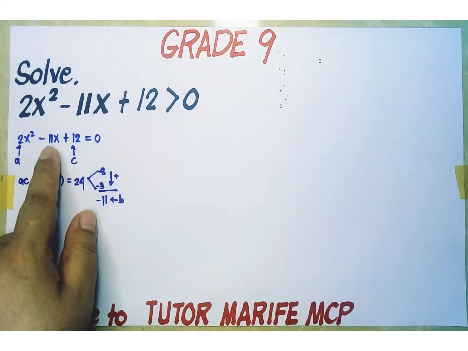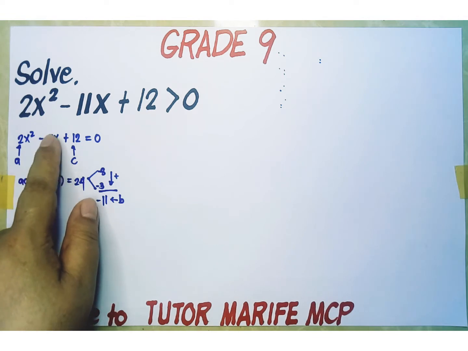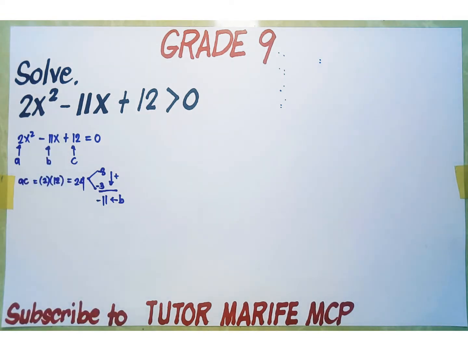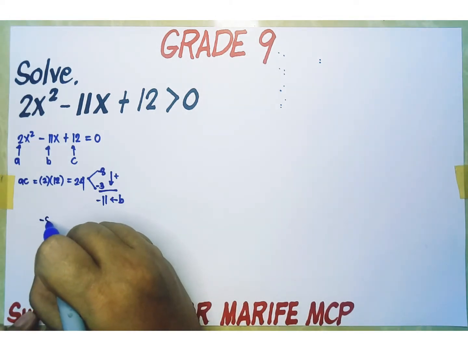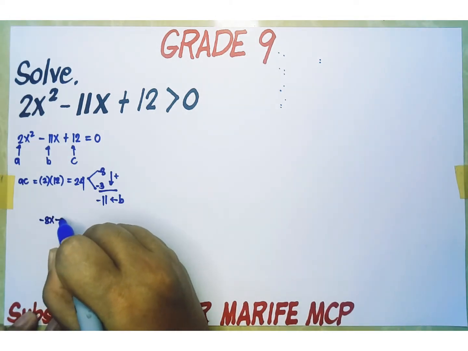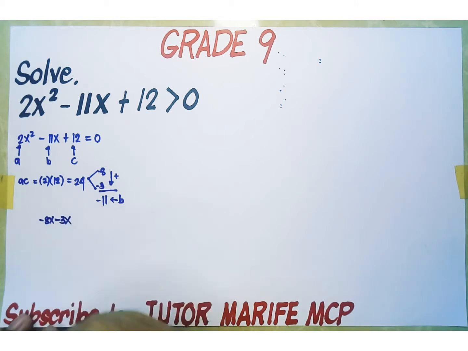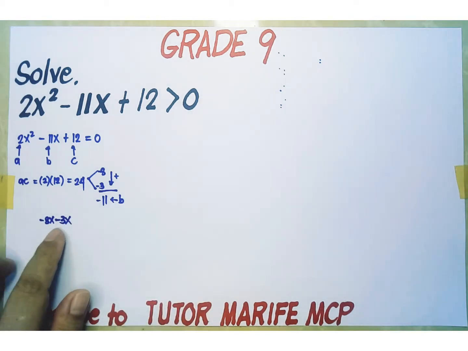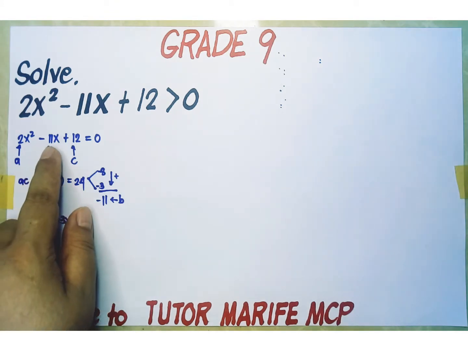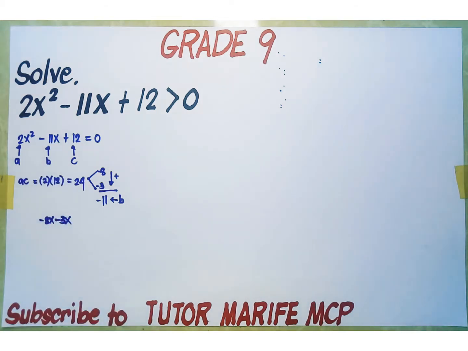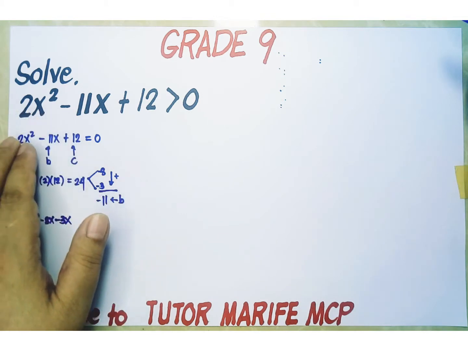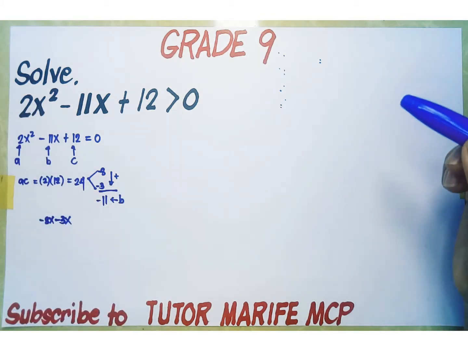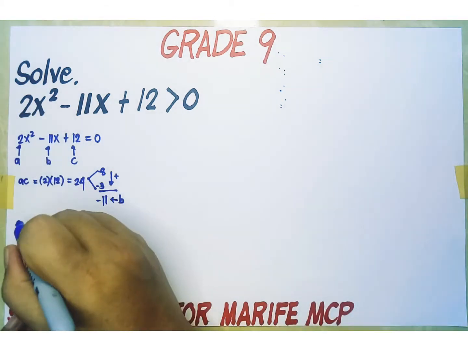Then we split up the middle term, negative 11x, into two terms, negative 8x, negative 3x. If we combine these two terms, we get negative 11x. Okay? So, our quadratic trinomial on the left side of our equation will become a 4-term polynomial.